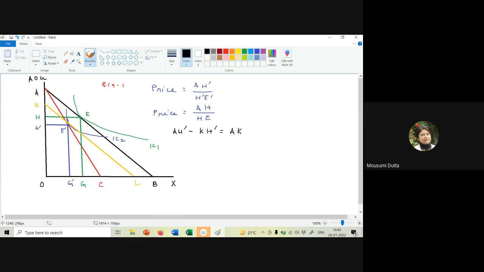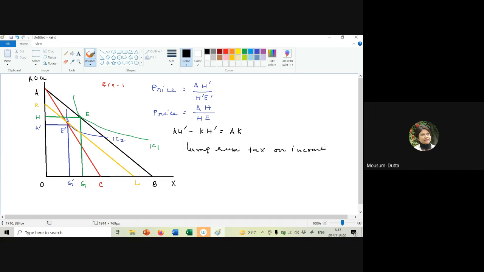Next paragraph. If the tax on X is replaced by a lump sum tax on income, look at the graph.